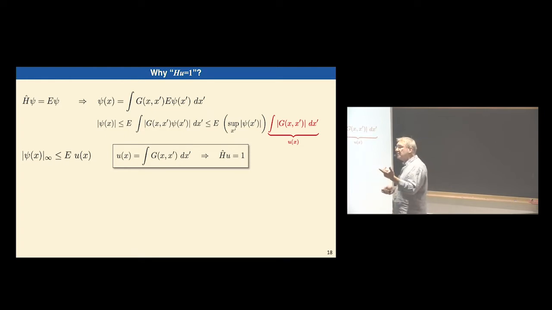Not only that, but in the case of a second order differential operator, as is the Hamiltonian for quantum physics, the Green's functions are positive. So you can remove the absolute value, and U is the integral of the Green's function at zero energy. And this is simply the solution to HU equals 1.